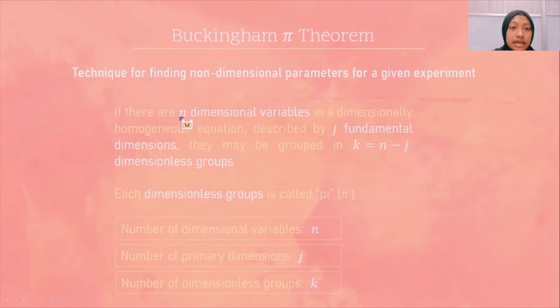If there are n dimensional variables in a dimensionally homogeneous equation described by J fundamental dimensions, they may be grouped into K equals n minus J dimensionless groups. Each dimensionless group is called pi. n is the number of dimensional variables, J is the number of primary dimensions, K is the number of dimensionless groups.